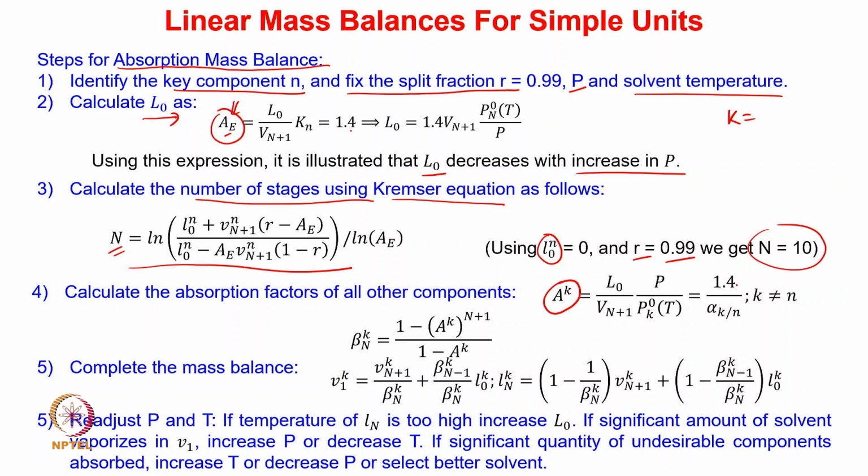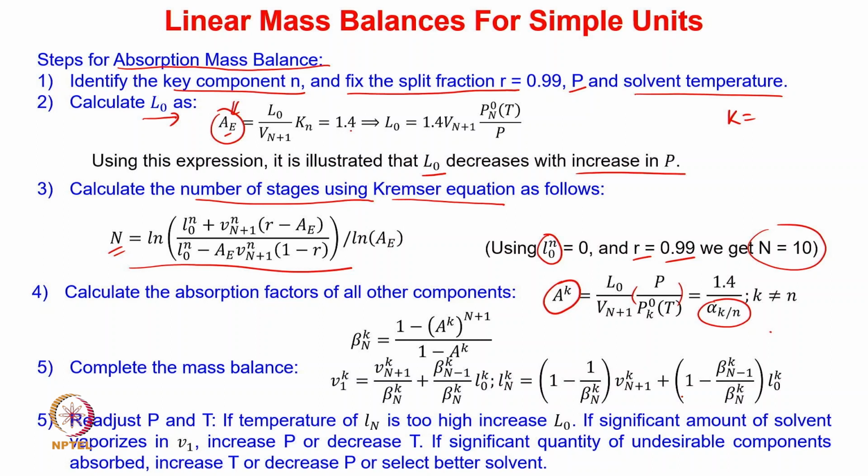And that is given as 1.4 divided by, so see, this particular term, L naught by Vn plus 1 into Kn, we can put 1.4, so the 1 by Kn term will be there, and the 1 by Kn term will be nothing but alpha K by N. Okay.